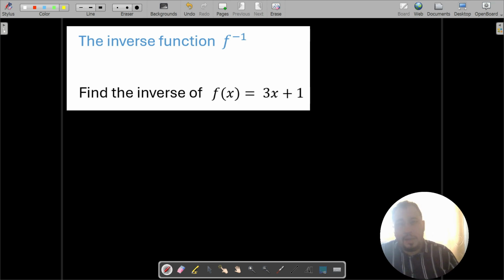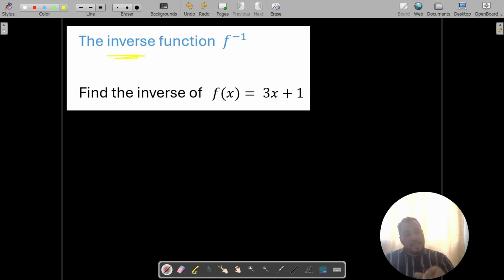Okay, right now let's talk about inverse function. In a simple way, inverse function means to do the opposite of what your function does. And you will do everything backwards. And to find the inverse function, we have two ways. What are these two ways? The first way is to use the flow chart or the flow diagram and make it backwards.